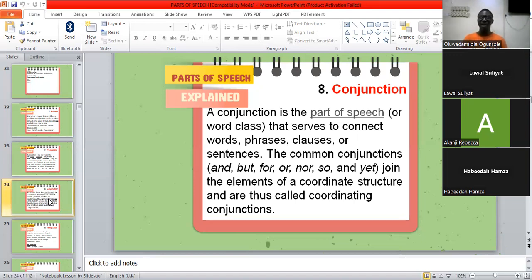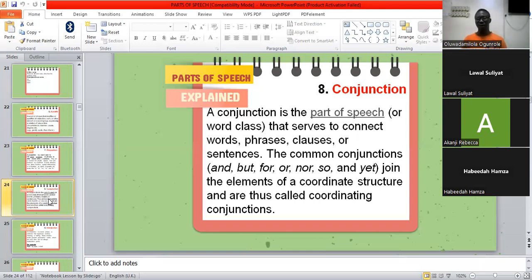But basically, I know that we can use a conjunction to join a noun and a noun, an adjective and an adjective, an adverb and an adverb. So I can say Tade and Tolu, and there is a conjunction joining two nouns together. I can say Tolu is beautiful and pompous.